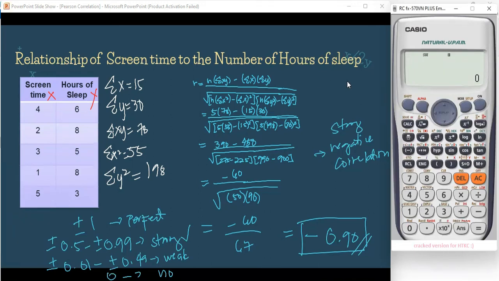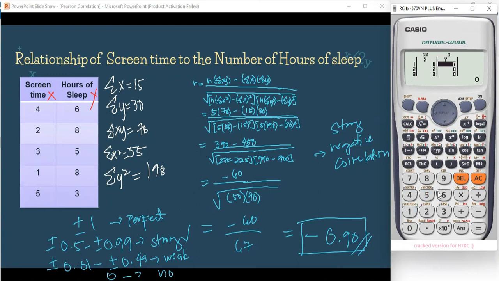So now let's try to do the calculator techniques that we have learned. But first, let us first clear everything. So now again, that is mode. Then get the statistics and get the a plus bx. So that is number 2. And now input the values. So we have 4, 2, 3, 1, and 5.